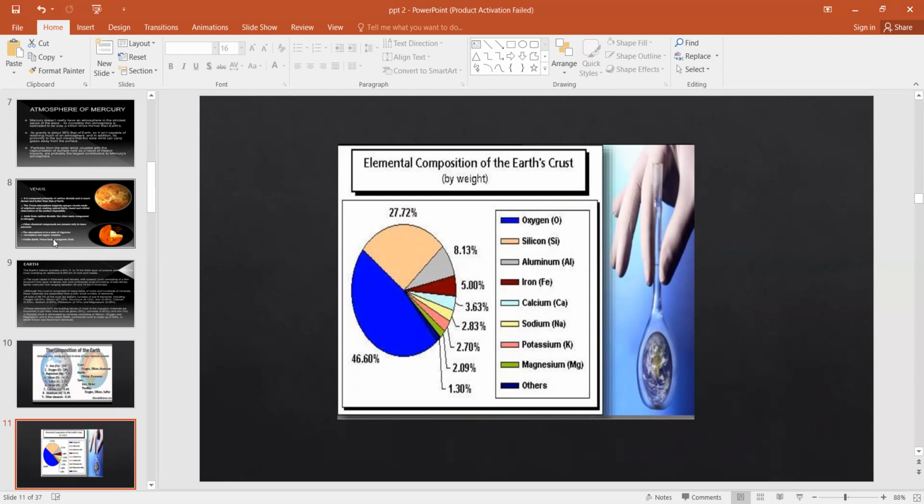I have described the elemental composition of the Earth's crust previously, in which oxygen takes the lead at around 46.60%.